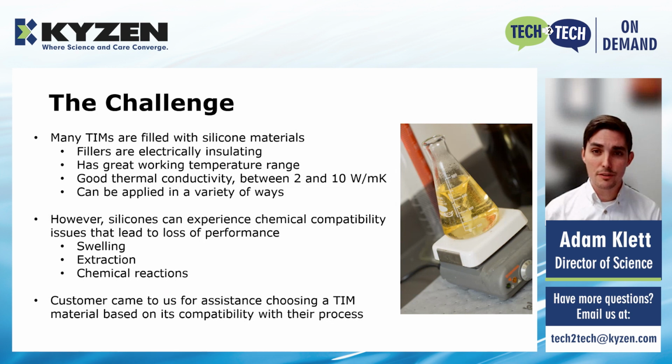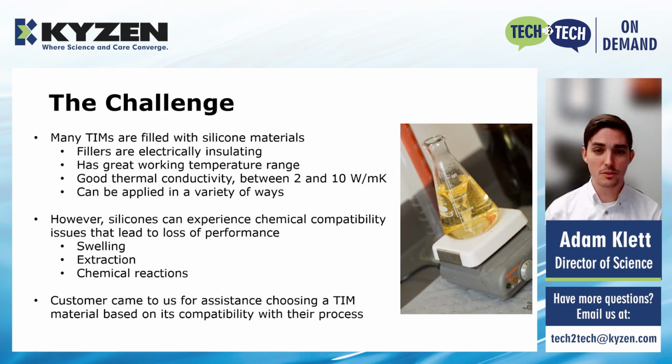A lot of these TIM materials are based on silicone components, although there are commercially available TIMs that are not. But silicone materials are chosen for a couple of reasons. First of all, they can be filled with an electrically insulating but thermally conductive filler. A lot of times these are like a ceramic, like boron nitride or metallic oxides, things like that. And they have a great working temperature range.